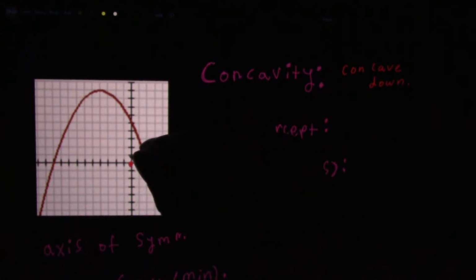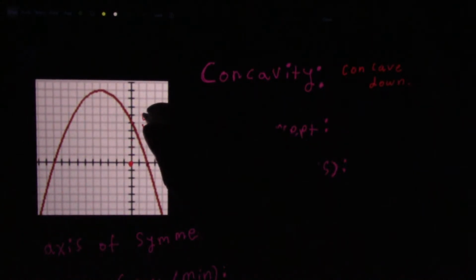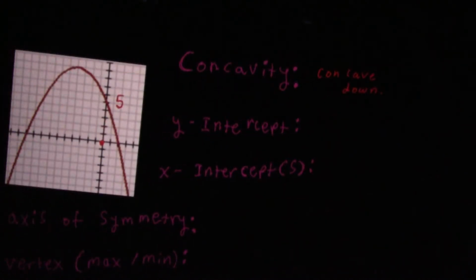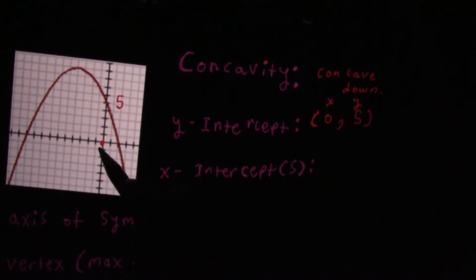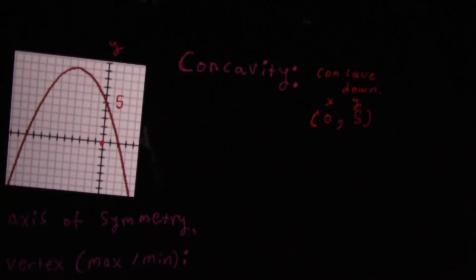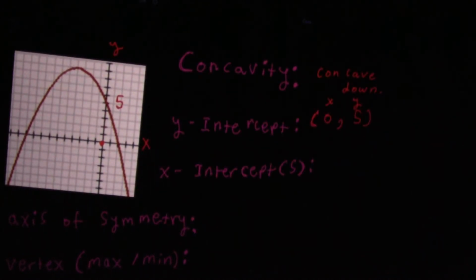This time it's going to be 1, 2, 3, 4, +5. That is going to be the y-intercept. So when x is 0, the value of y is 5. X and then y. Y is 5.